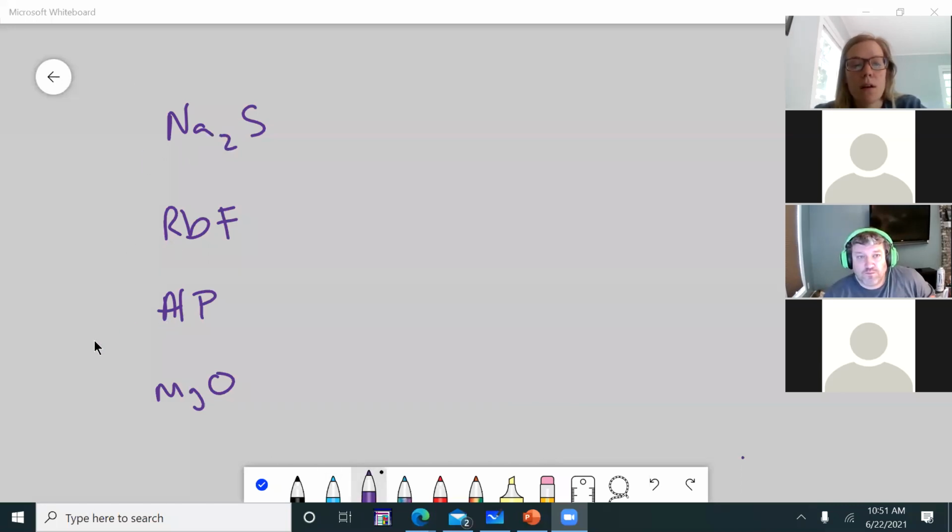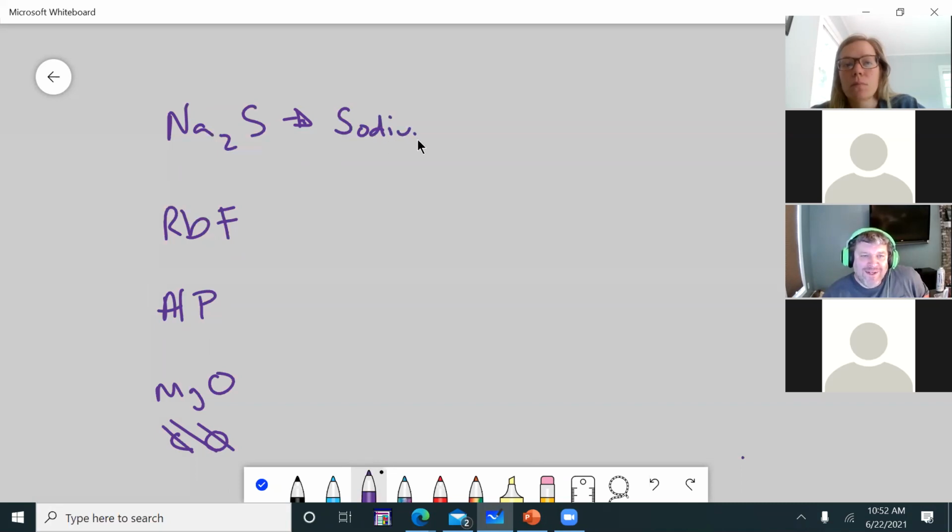So all of these, the first thing you always want to do is check and make sure, is this a metal and a non-metal? Because if for some reason I had thrown something in like CO, that is not a metal and a non-metal. It doesn't follow the system that we're using, but they are all that. So we named the metal first, sodium. And then we -ide'd the second guy, sodium sulfide.